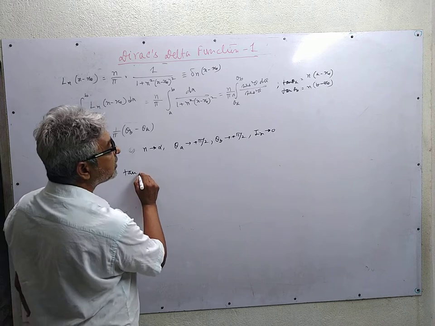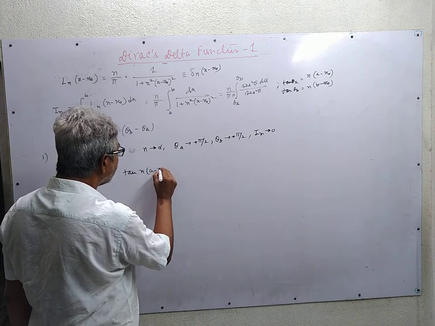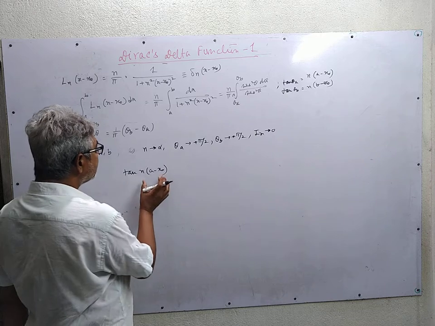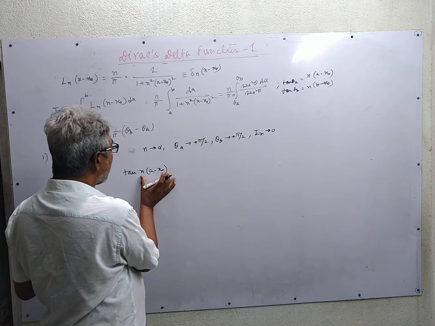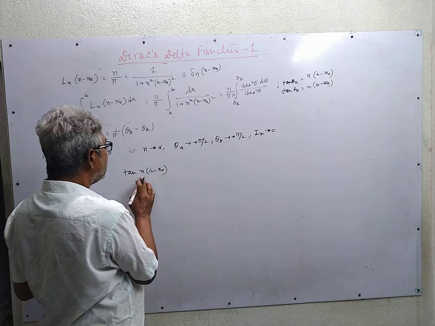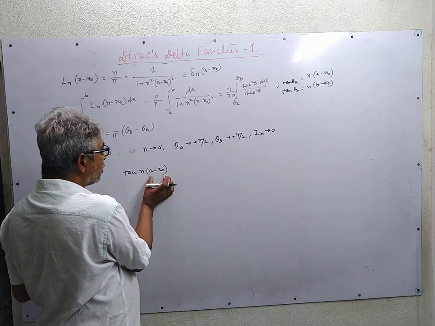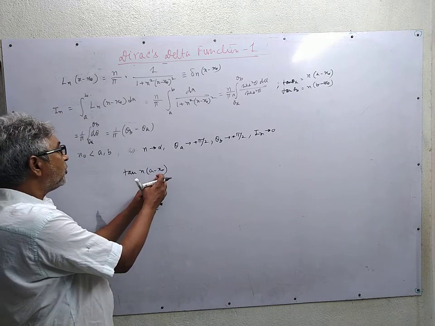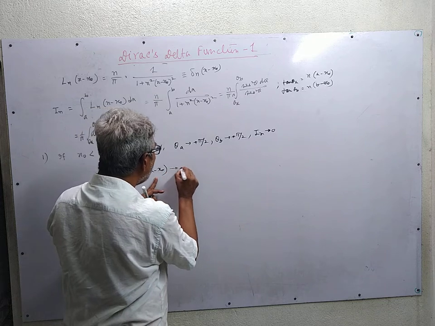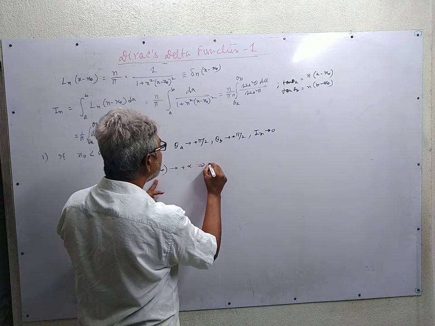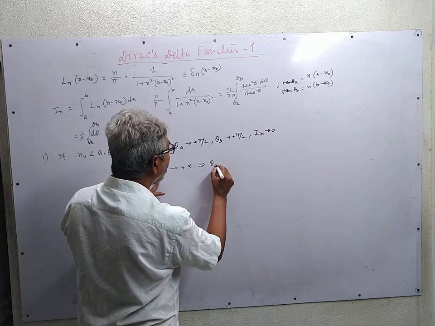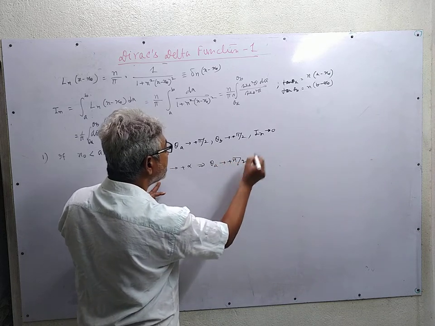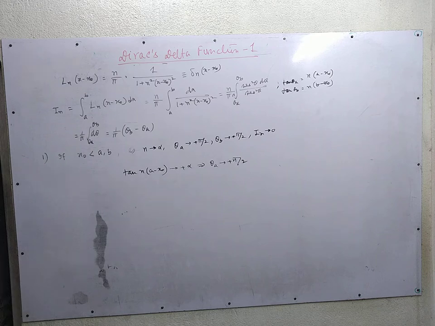Tan of n times (a minus x0): this part is non-zero, and when we multiply it by n it tends to infinity, and x0 is less than a, so this tends to plus infinity, which implies that theta a tends to plus pi by 2, as tan of theta tends to plus infinity as theta tends to pi by 2.